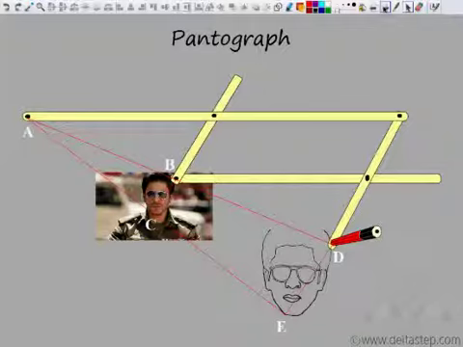Now to prove these two triangles are similar, I know this pantograph is constructed in such a way that the ratio AB to AD is always equal to the ratio AC to AE.